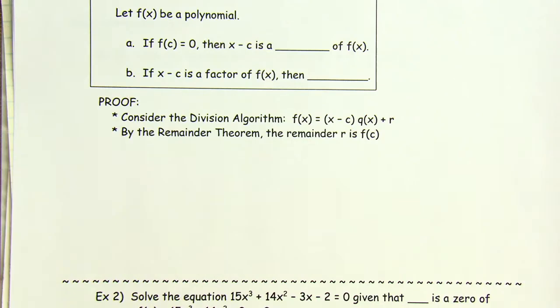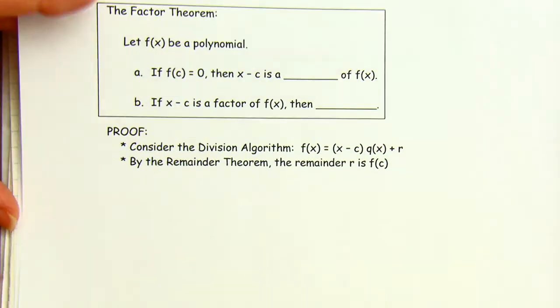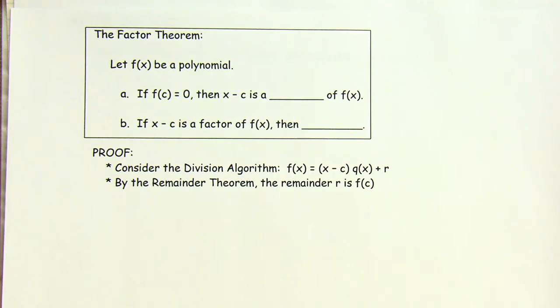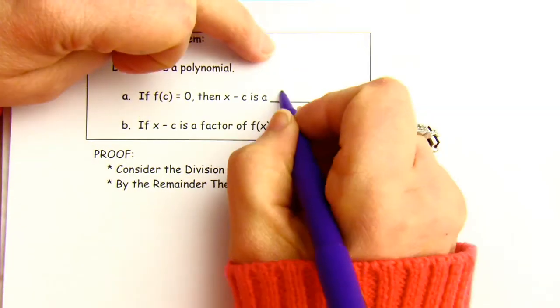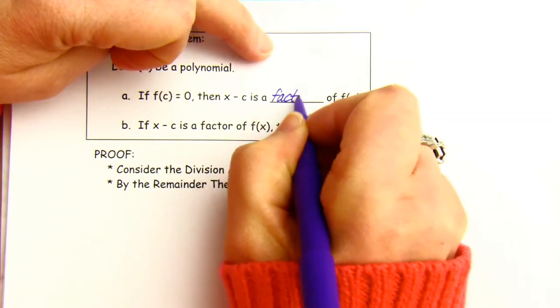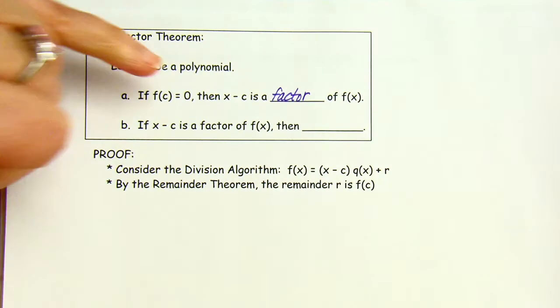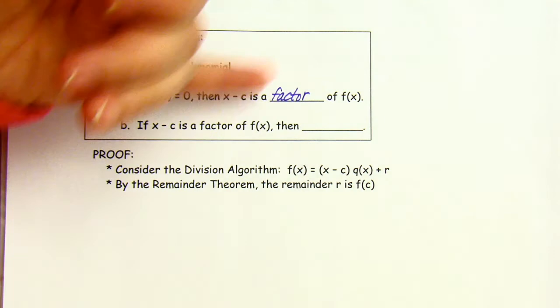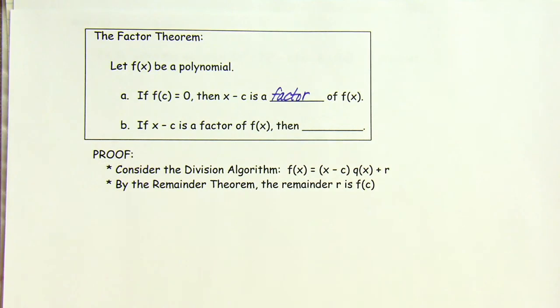All right, the factor theorem. Let f of x be a polynomial. If f of c equals 0, right, 0 would be the remainder, then x minus c is a factor of the polynomial.